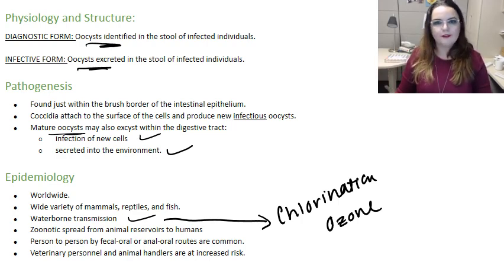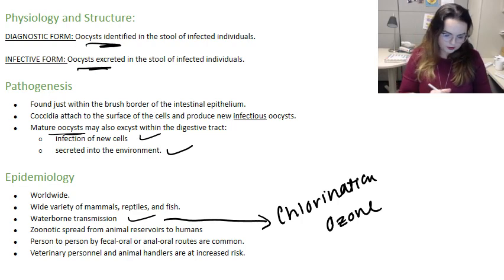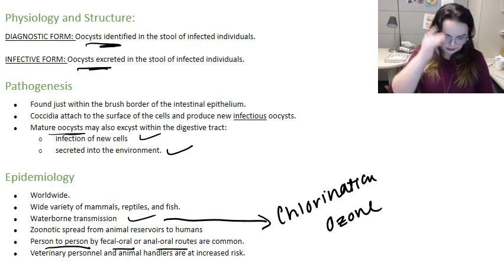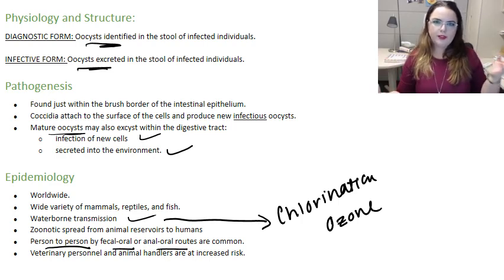So you have a significant zoonotic reservoir, and you can also get zoonotic spread from animal reservoirs to humans. You can also get person-to-person spread through the fecal-oral or anal-oral routes. There's no real one way to avoid C. parvum. It just kind of is.